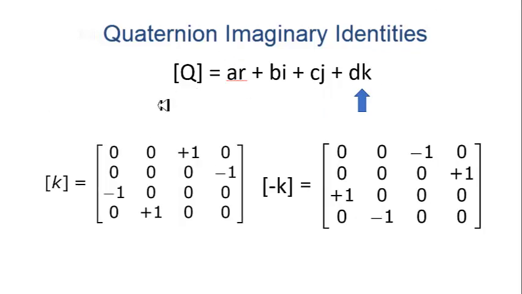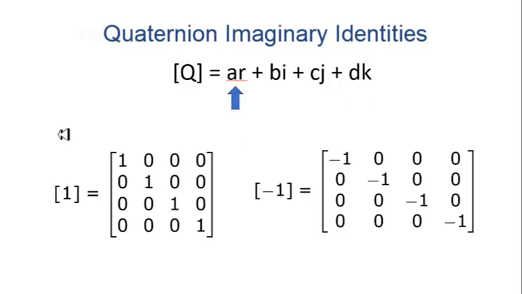So here is what I found. I found an identity such that we had a positive here, a negative here, a negative here, and a positive here. And when you square this, when you multiply this by itself, you get negative ones in the forward diagonal.